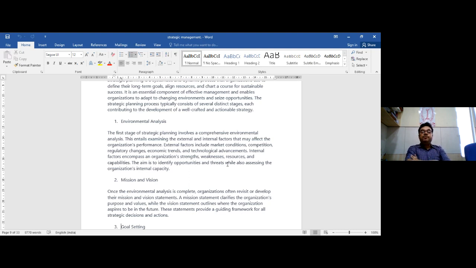A mission statement would clarify the organization's purpose and values, while the vision statement outlines where the organization aspires to be in the future.